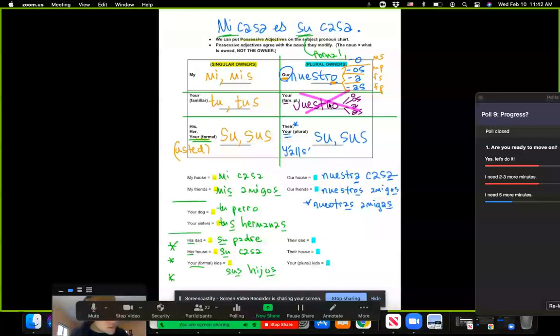Son nuestras amigas. All right, you can see that there's no practice for the vuestro, right? If you go to Spain, you can learn that. So his dad was su padre. Their dad, también su padre, is exactly the same.